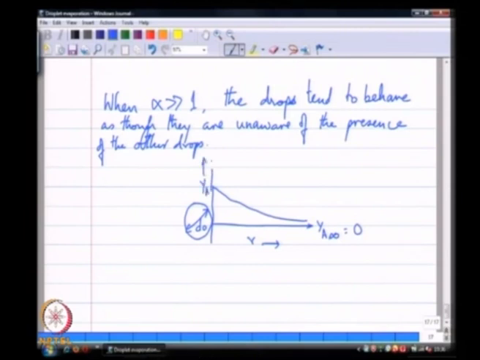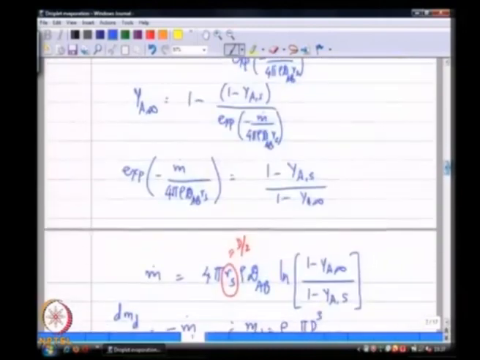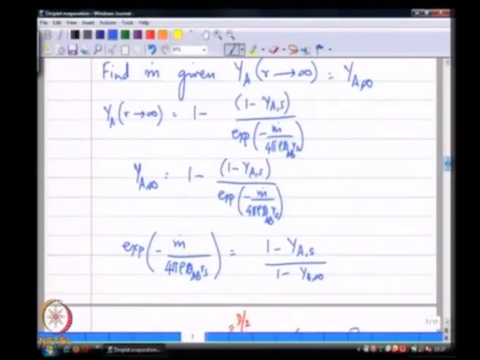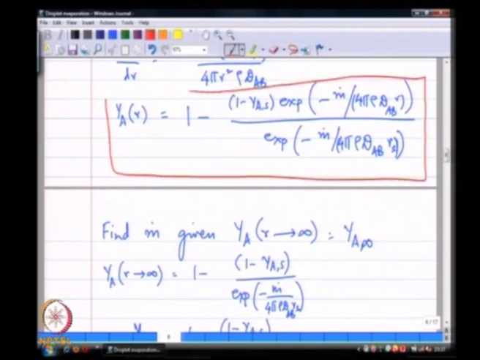So, if I plot Y A as a function of the radial distance, I have an exponentially decaying distribution, and that comes from my earlier relationship that I had derived, which is given by this relationship. This is my Y A as a function of the radial position. You can see there is an exponential decay of Y A as a function of the radial position.